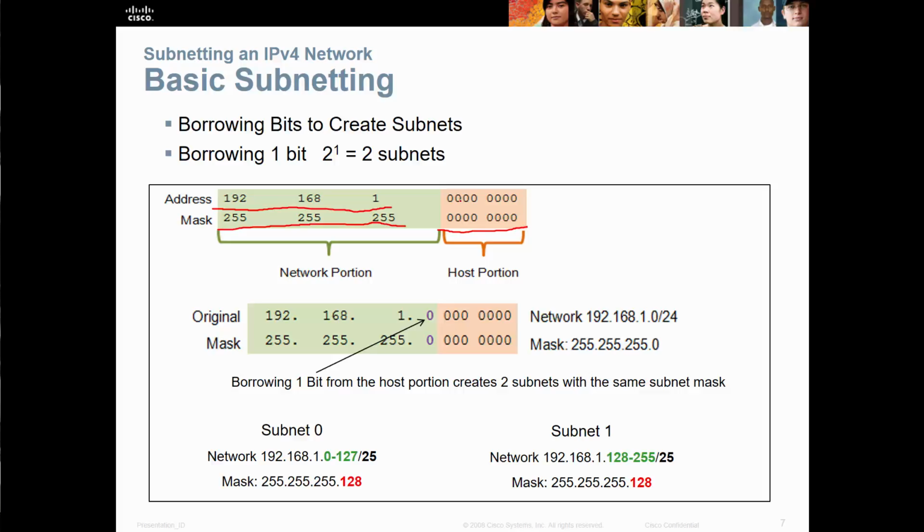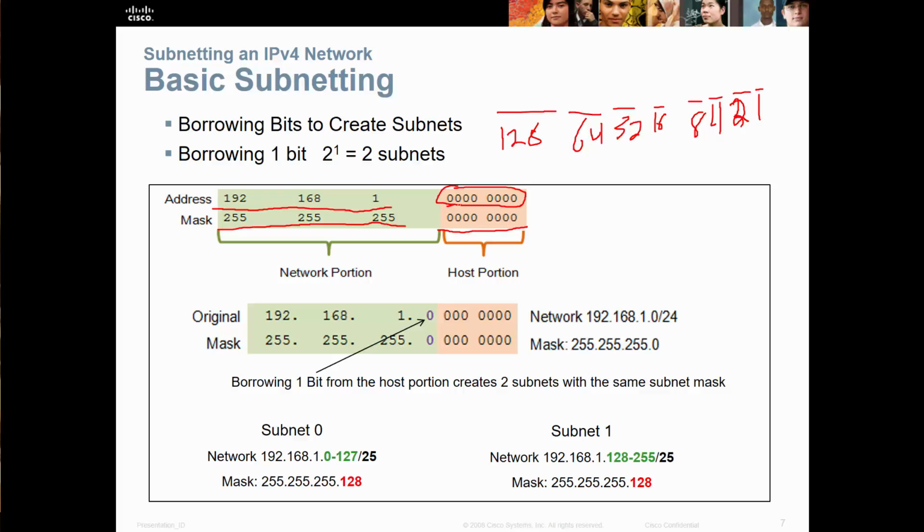Now, if we want to segment, if we go back to this chart right here, we look at these 8 zeros. If we start from the far right and we just start with 1, and we double it, you notice there's 8 spots.